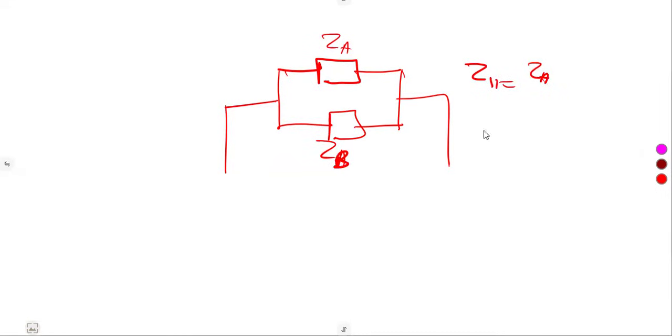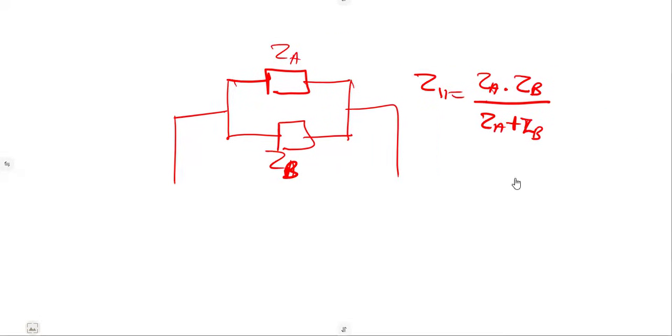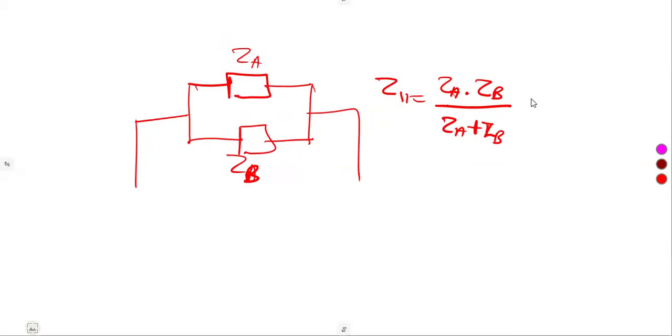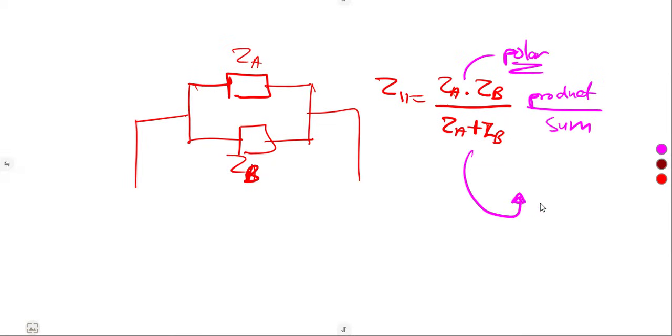This is ZA times ZB over ZA plus ZB. Product over sum. Remember that. The product is best done or simplified in what? In polar form. Whereas addition is best in what? In rectangular form.